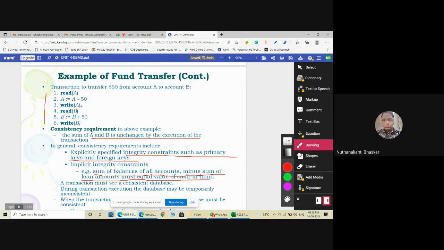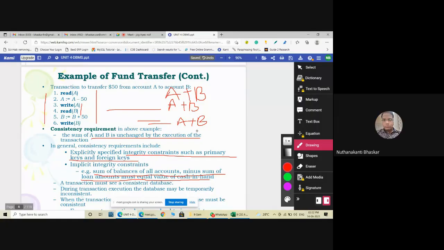Whatever operations you perform in this transaction, the sum of A plus B must be the same, even at the time of the transaction. In every case, the sum of the A and B values must be the same. In any case, that is called consistency.